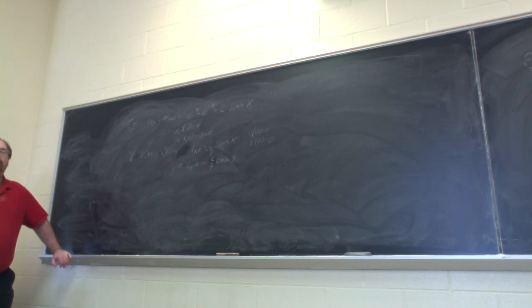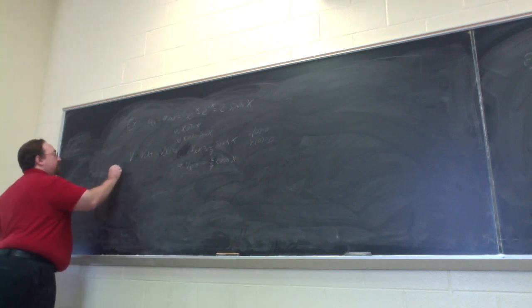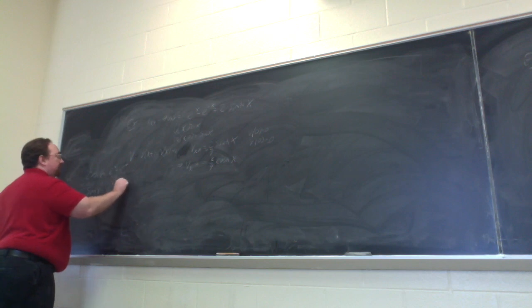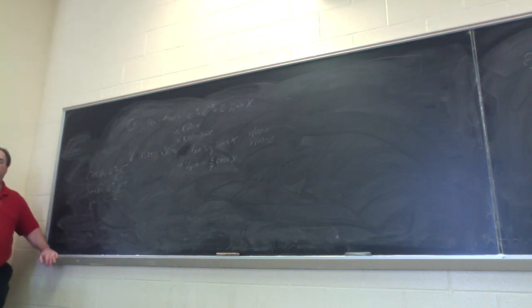What is cosh of 0? Is it 0? No, it's not. So cosh x is e to the x plus e to the minus x over 2, and sinh x is e to the x minus e to the minus x over 2. So in fact, cosh is even and sinh is odd, just like cosine and sine are. So what is cosh of 0?